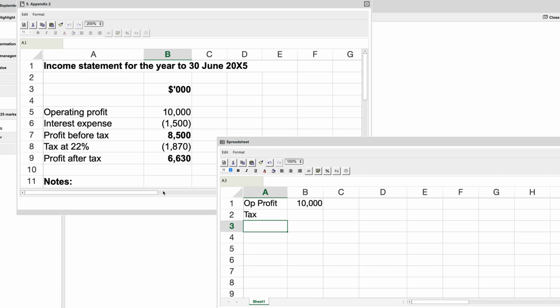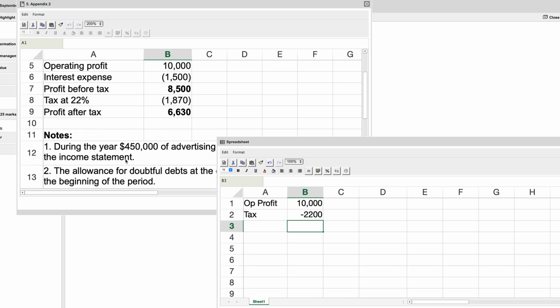I'm told tax is 22%, so in here, 22% times by that figure there, but I want it to be a negative, so I'll just put a negative in, done. Interest we ignore because it's net operating profit after tax, not after interest. And so that seems to be it so far.